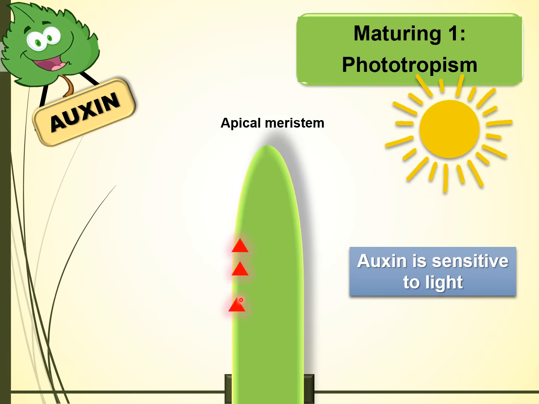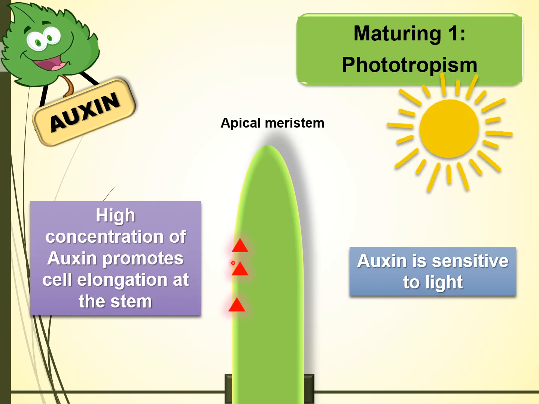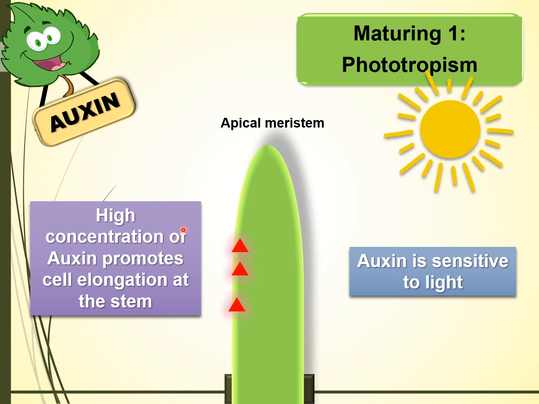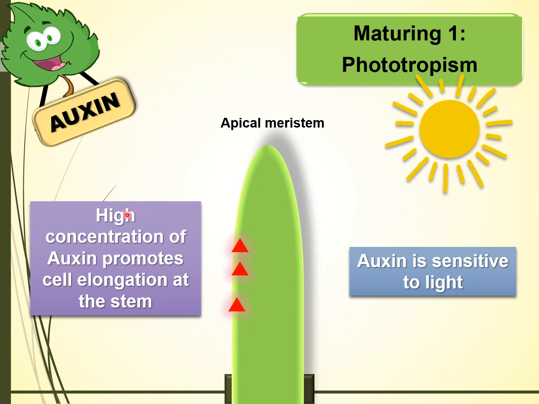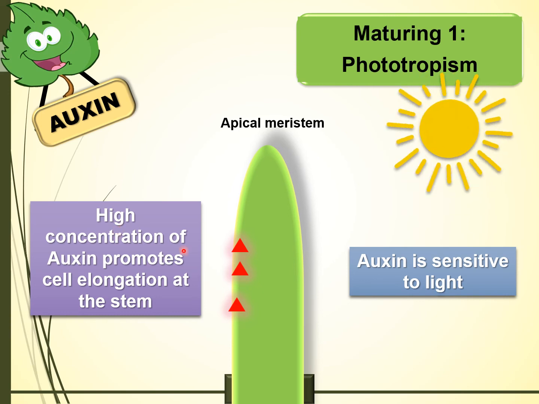So this part now has a high concentration of auxin. And this brings to auxin's second characteristic. The first characteristic is that it was sensitive to light. Second characteristic is that it has an ability to promote cell elongation at the stem when in high concentration.